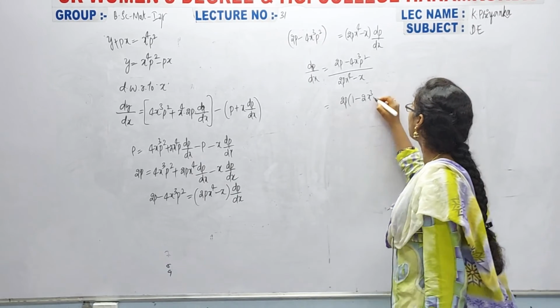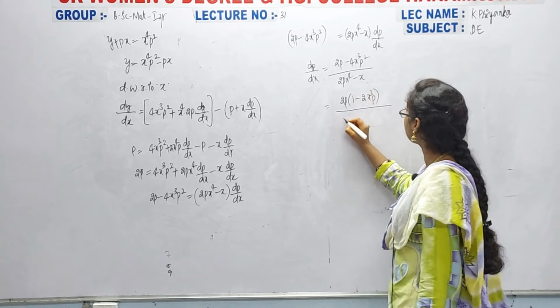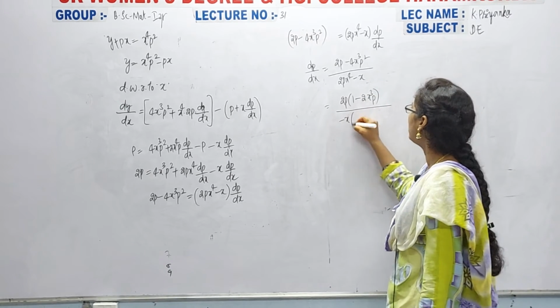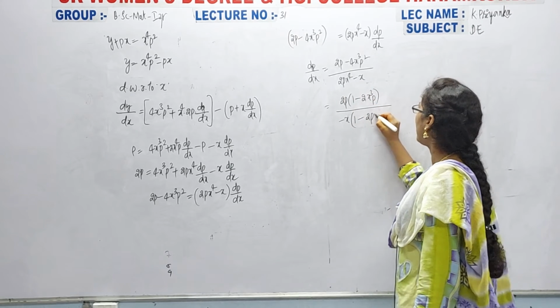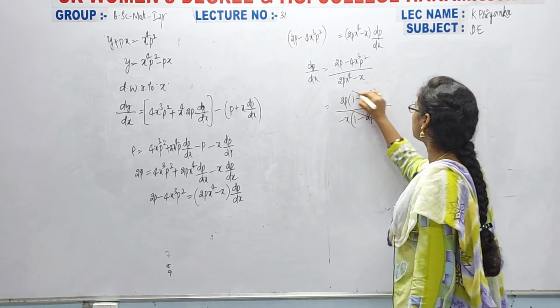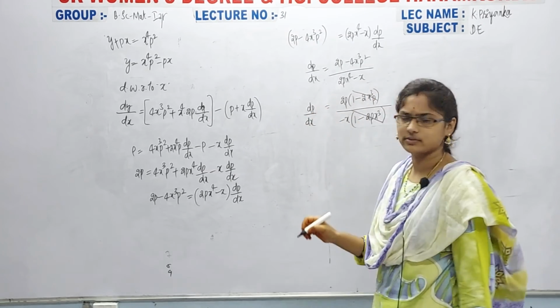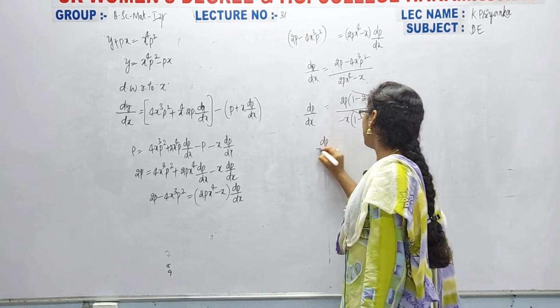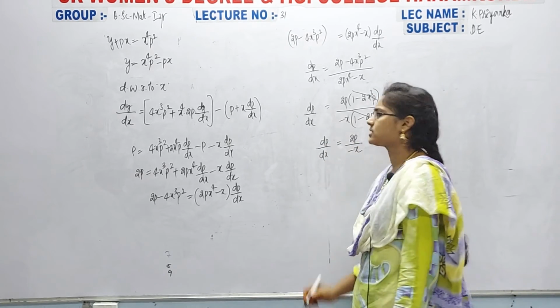Next, in the denominator I am taking minus x common, then 1 minus 2p x cube. Now this term will be cancelled. Now dp by dx is equal to 2p by minus x.